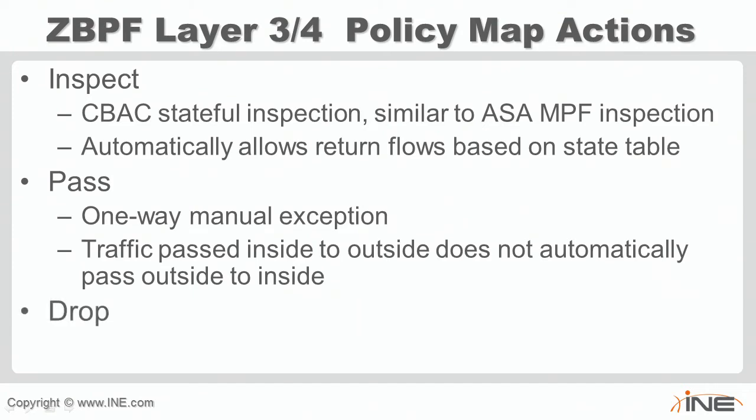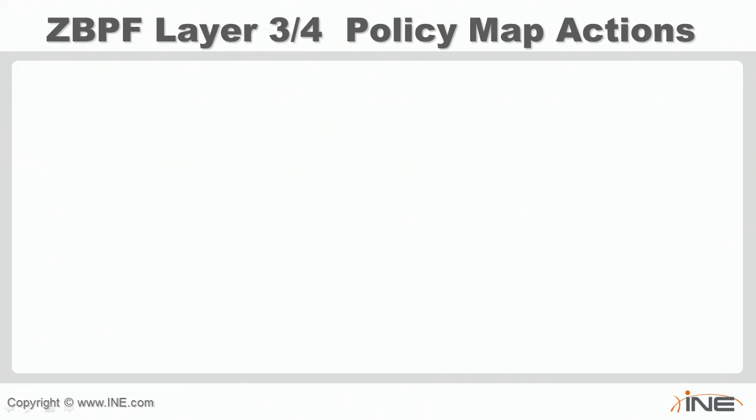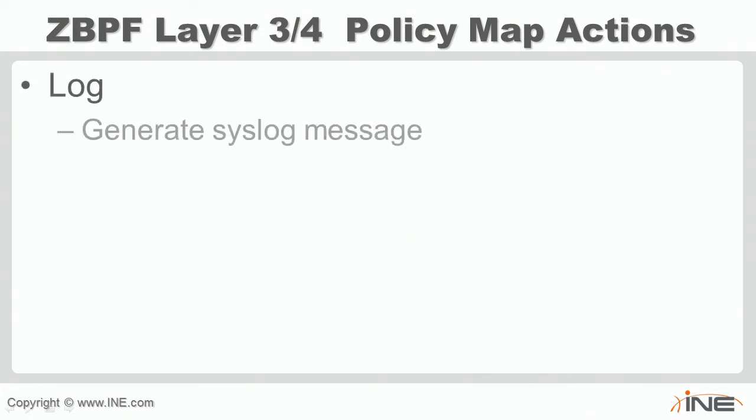Next action we have is to simply drop the packet, which is going to discard it, similar to an access list manual deny. Next one we have is to log the packets, which is going to generate a syslog message that we could either send to the console, send it to the buffer, or actually send it to a remote syslog server.